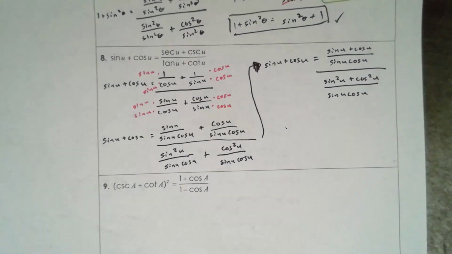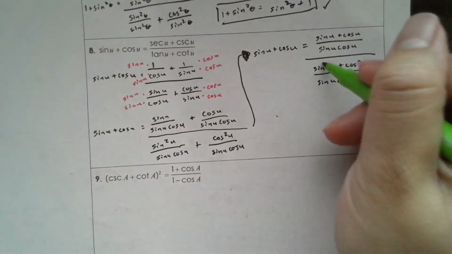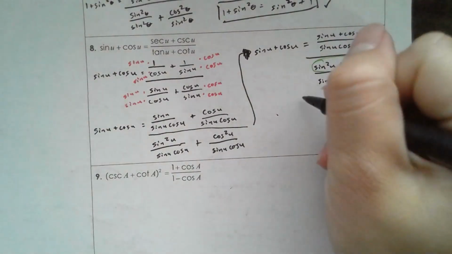This right here is an identity that's equal to 1, and one has space.